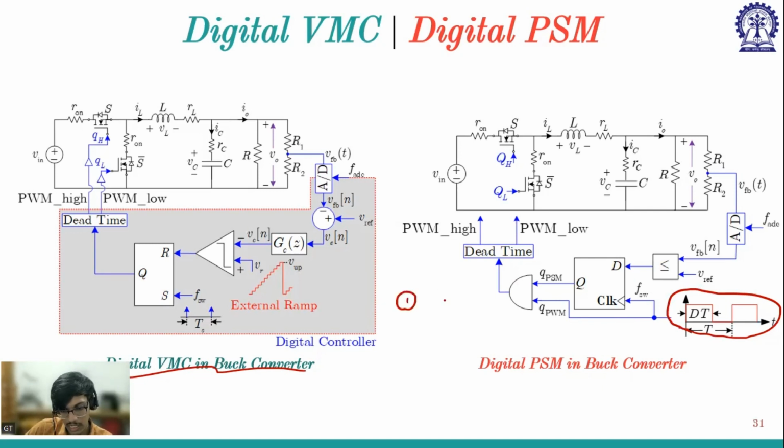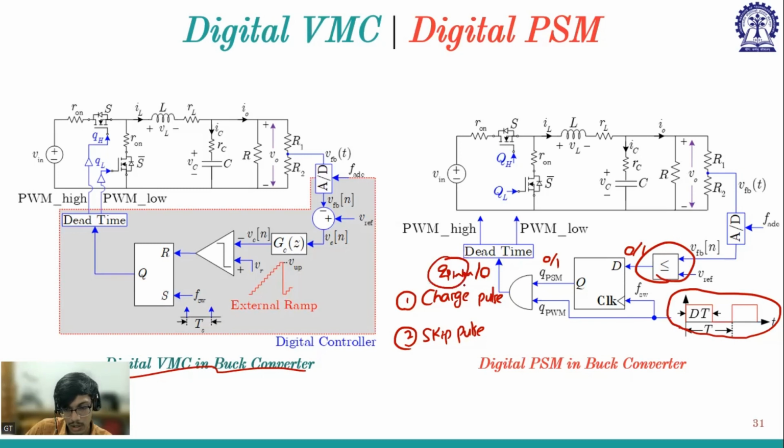So one is the charge pulse, the other one is the skip pulse. Depending upon the requirement and depending upon this comparison, it will say whether it is 0 or 1. So this will be QPWM or 0. So either it will charge or it will discharge, which is called a skip pulse. The implementation Verilog coding had already been discussed in week 8.